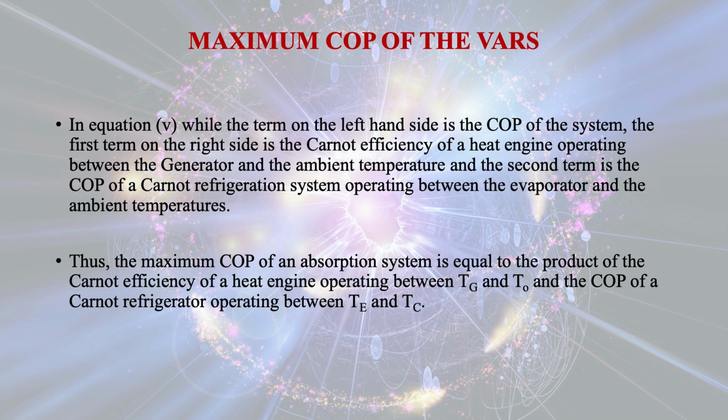Thus, the maximum COP of the absorption system is equal to the product of the Carnot efficiency of a heat engine operating between TG and T0 and the COP of a Carnot refrigerator operating between TE and TC.